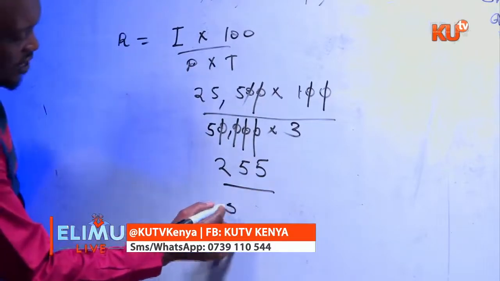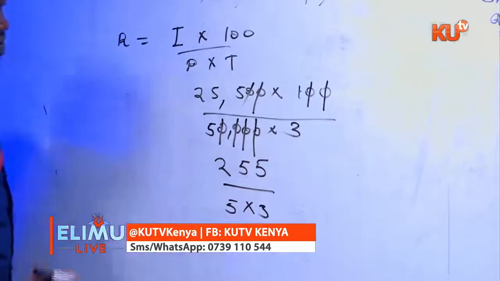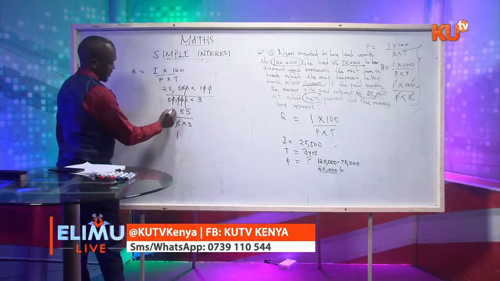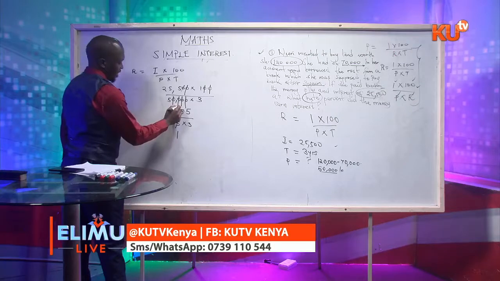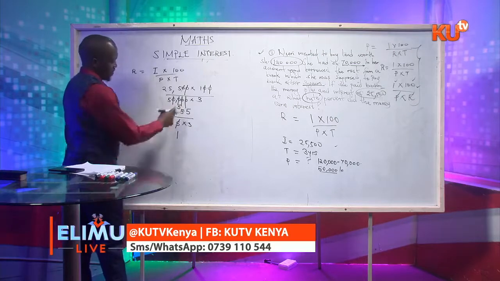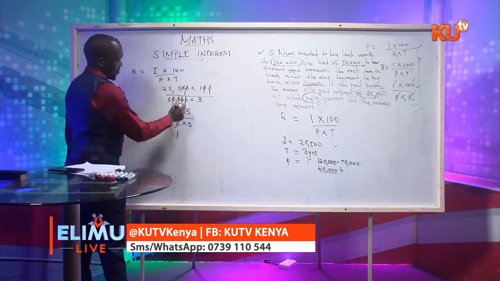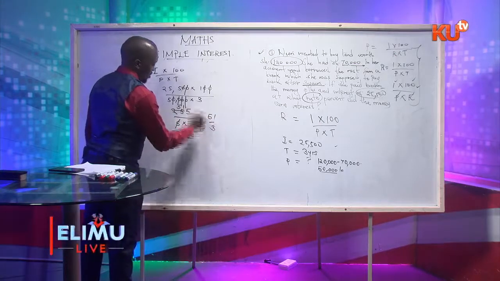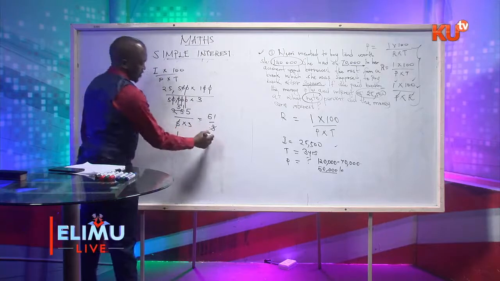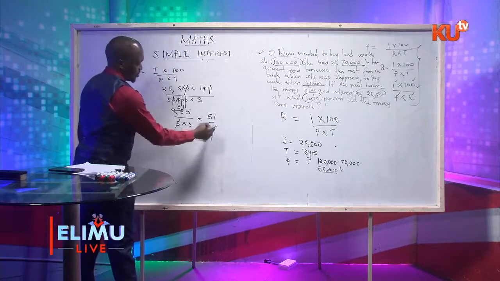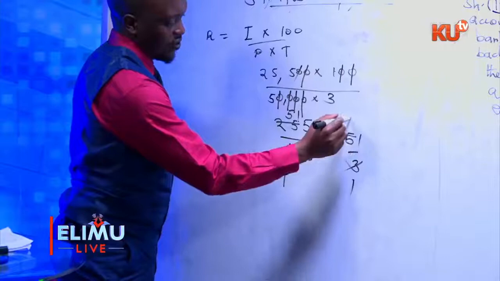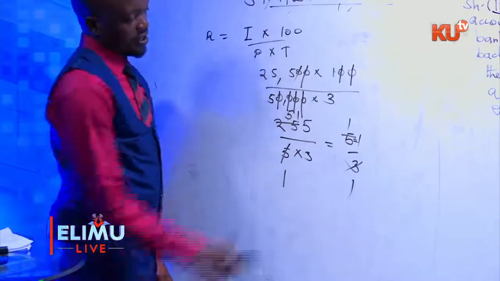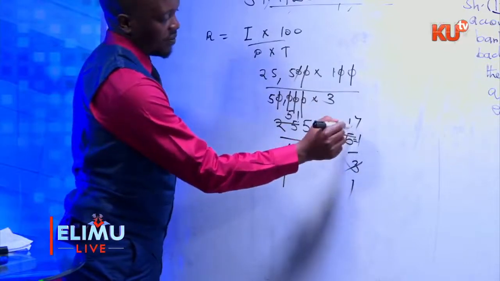Over 5 times 3. We can still do the simplifying here. We know that 5 goes into 25, 5 times without a remainder. 5 goes into 5, 1. So we have 51 over 3. 5 goes here one time. 3 goes here once, remainder 2. 3 goes into 21, 7 times.